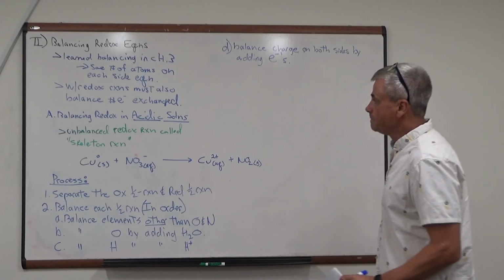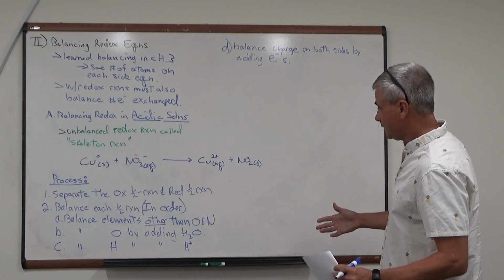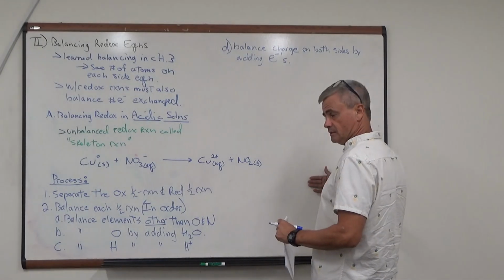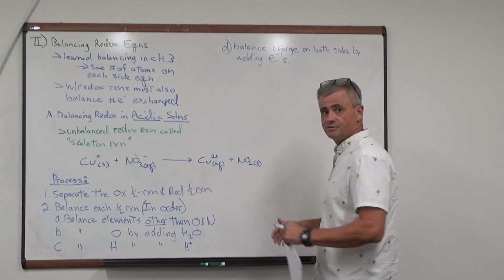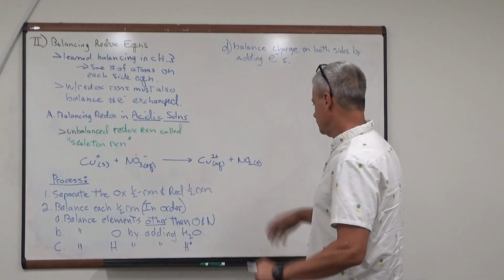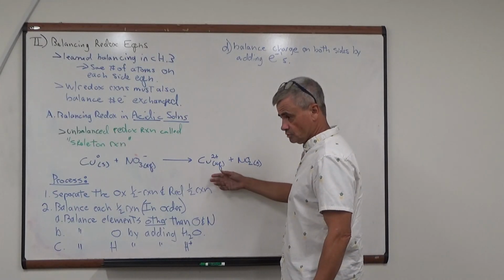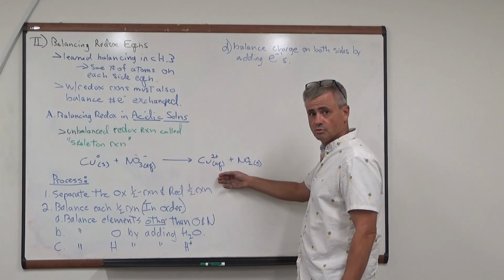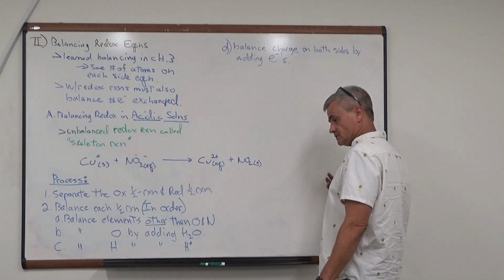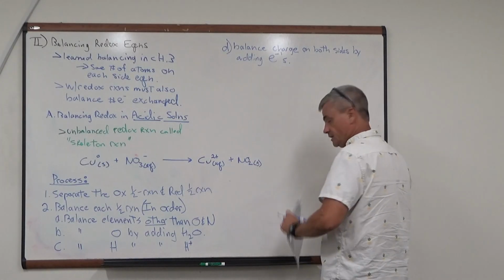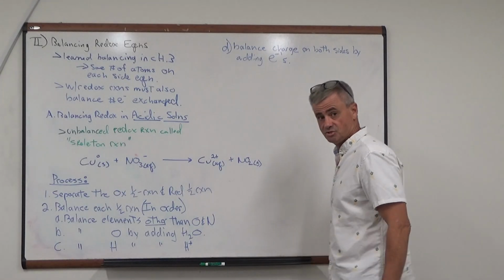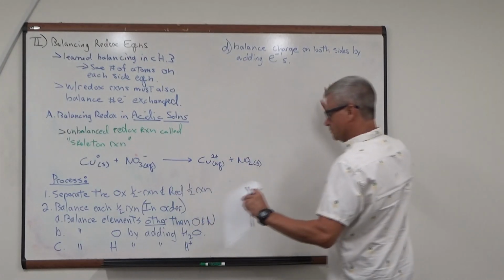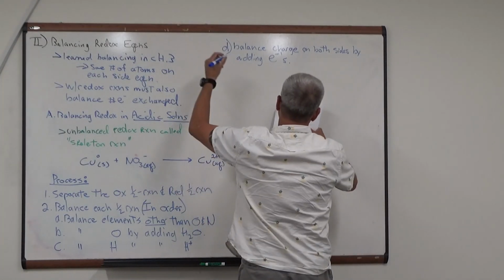You can do that by multiplying the entire balanced half equation by whatever integer you need. If the reduction half reaction consumes 2 electrons, and the oxidation creates 1 electron, then the oxidation half reaction has to be multiplied by 2 so that they equal. Again, once we do an example, this will seem a lot more clear.